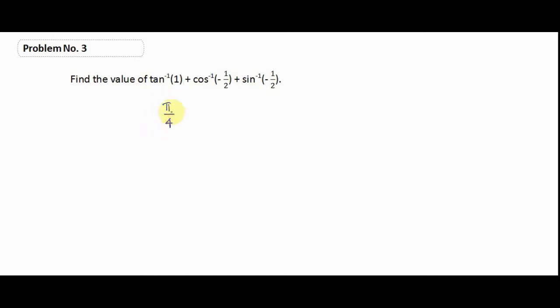So it's pi by 4 plus we have cos inverse of minus 1 by 2 here. That can be written as pi minus cos inverse of 1 by 2. Then we have plus sine inverse of minus 1 by 2, which can be replaced as minus sine inverse of 1 by 2.